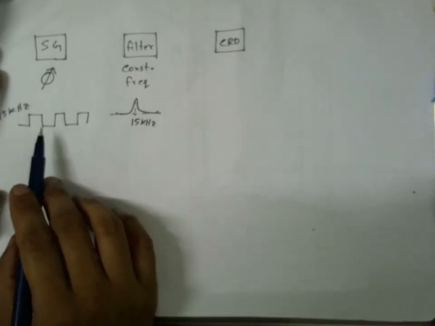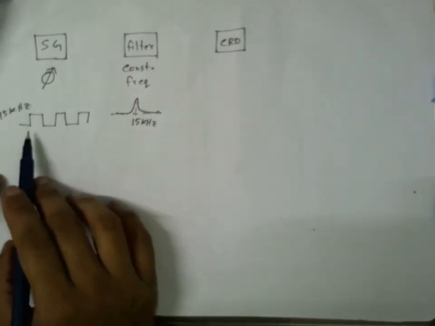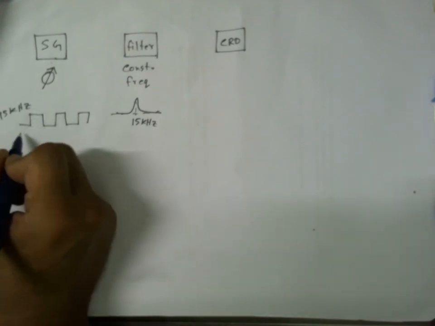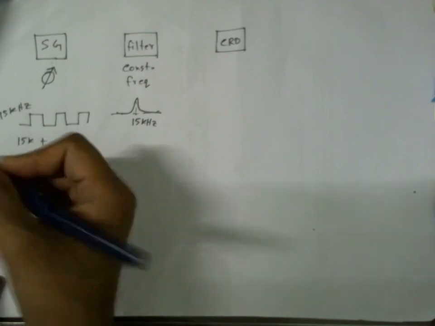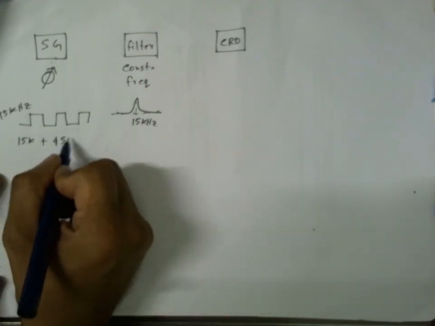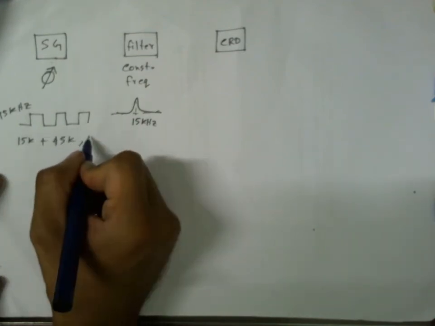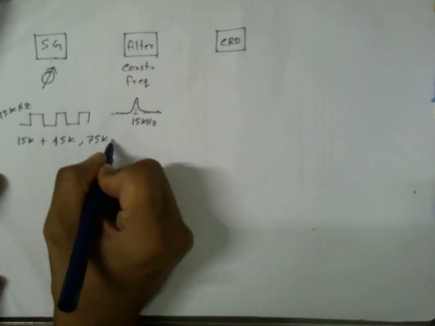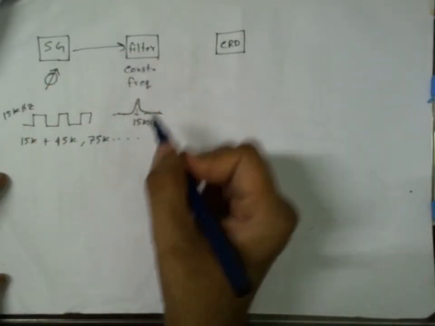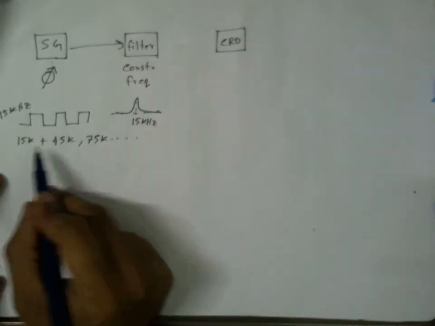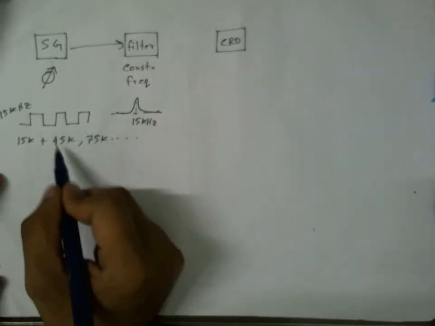That means this is a composition of signals like 15 kilohertz plus third harmonics, which will be 45 kilohertz, fifth harmonics 75 kilohertz, and so on. But when it passes through this filter, only 15 kilohertz can pass. All these will be blocked.